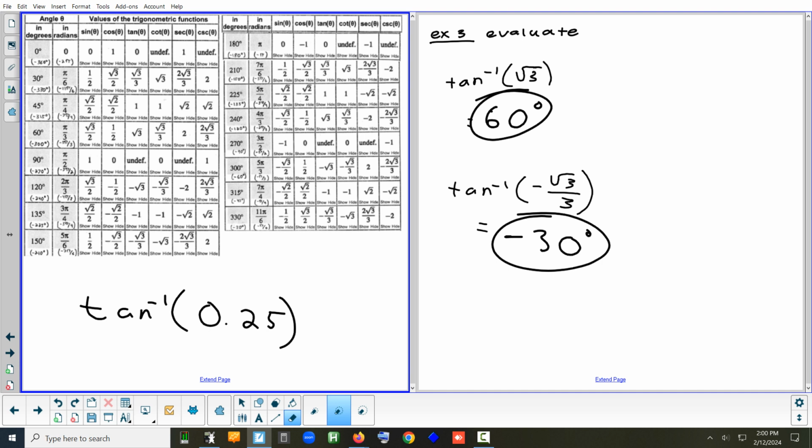Undefined? Nope, it's not undefined. So where is 0.25 in the tangent column?